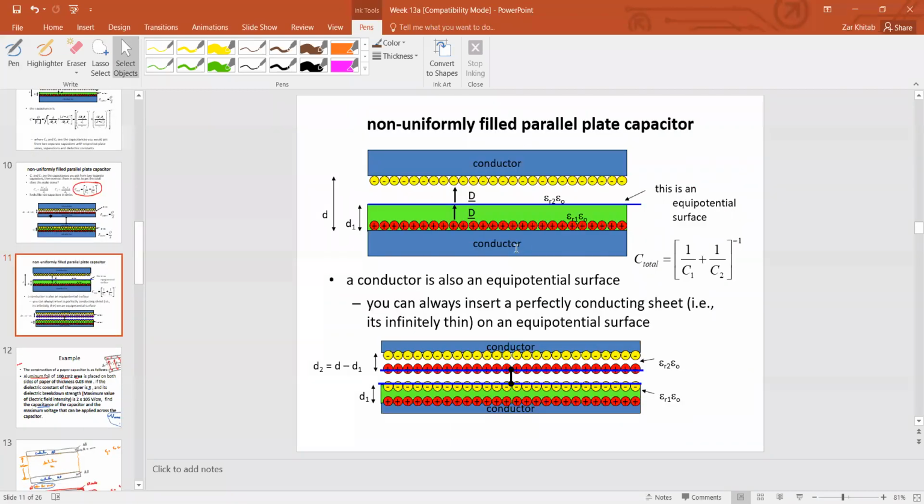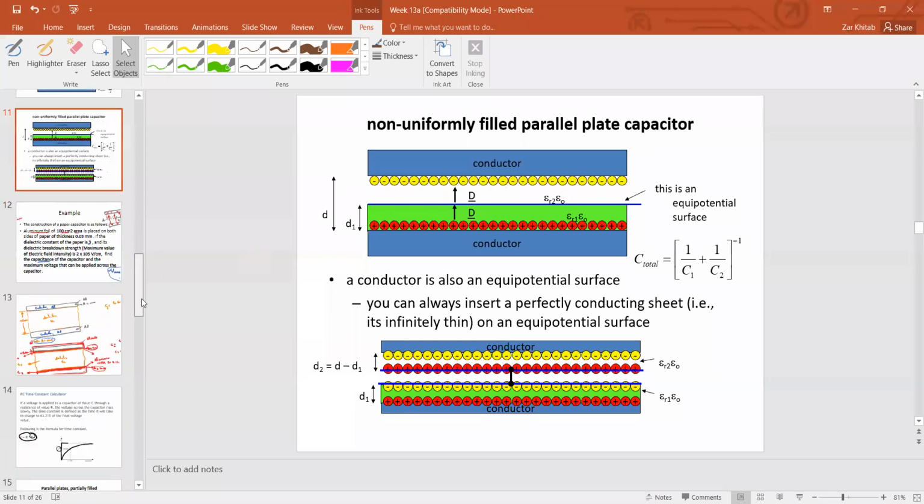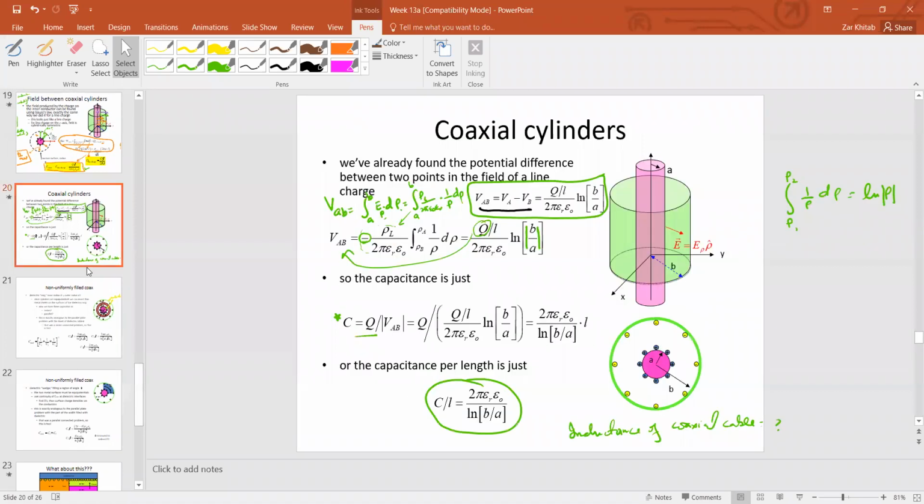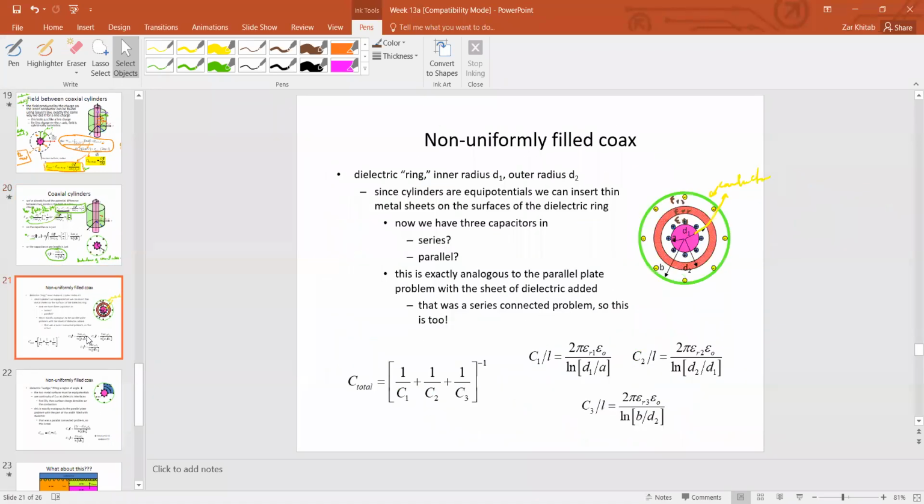That was a flat structure; coaxial cable is a round structure. If you fill the coaxial cable with three different dielectrics, you will end up with three different capacitances. And if the filling is in this fashion along the circumference, then the three capacitors are in series.